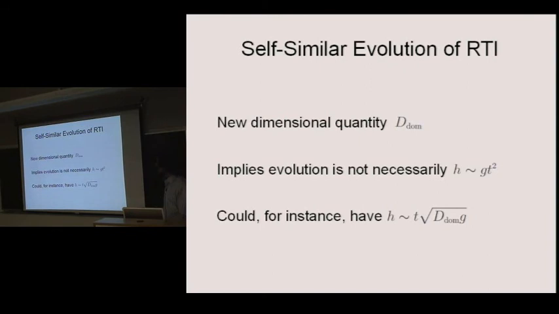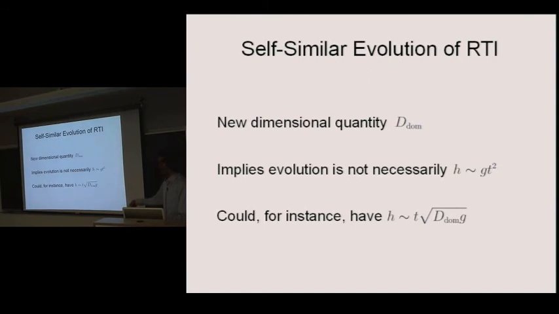This corresponds to a bubble of the size of the initial dominant mode that starts to rise. The height goes as t squared initially, but eventually it hits its terminal velocity, and then it would continue to rise much as shown here.